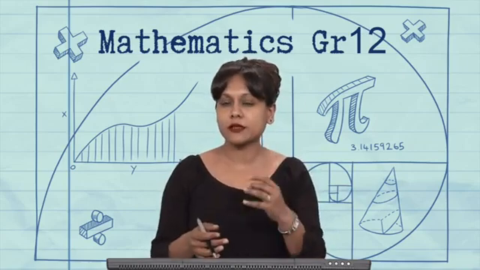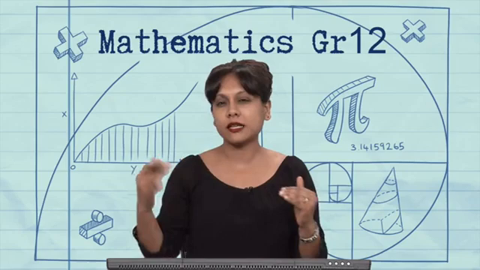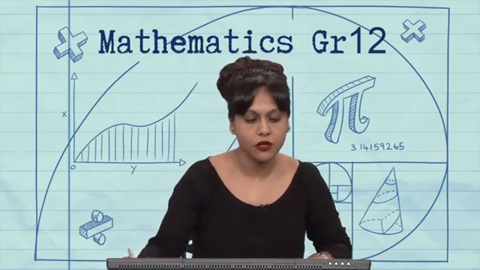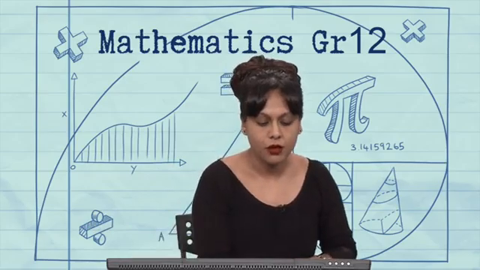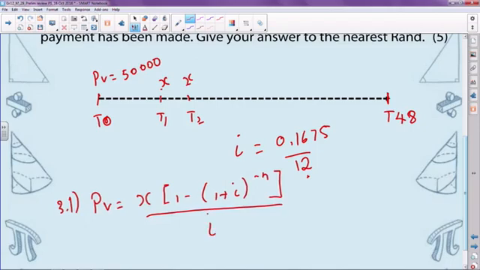So this is just a simple substitution of the values which you know to calculate the value which you don't know. It's going to look as follows. We've got our present value, and we use the formula X times 1 minus 1 plus I to the negative N, all over I.